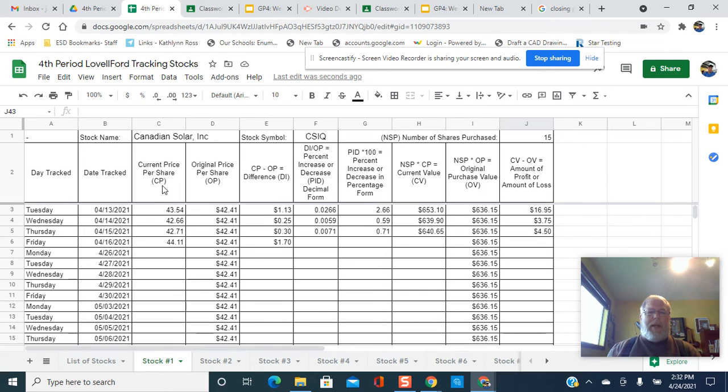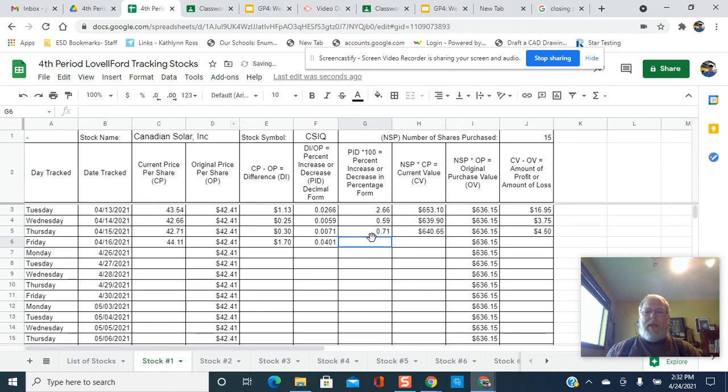So the current price is $1.70 higher than the original price. So we're going to take that $1.70 equals 1.70 divided by the original price, 42.41. There's our percentage. We'll decrease that percent down to the ten thousandths.